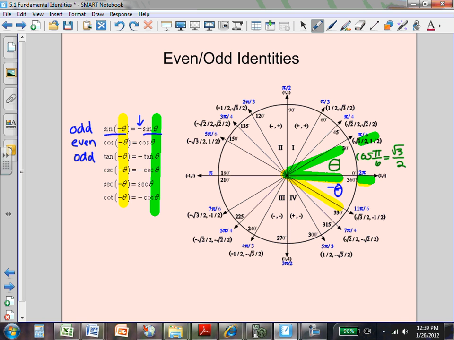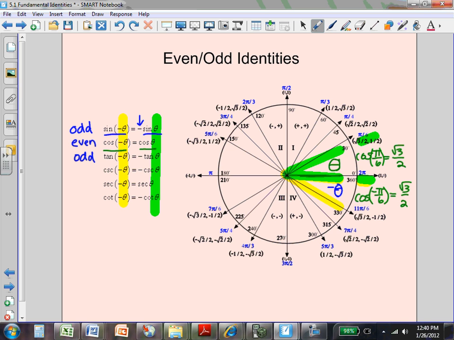Now if I go down and go with the negative angle, the cosine of negative pi over 6, it's the same thing. I still went right. It's root 3 over 2. They are the same thing, and that's exactly what this says. The cosine of the negative angle is exactly the same thing as the cosine of the positive angle. They did not change. Notice that we had change going on with the odd function. With the even function, we did not see any difference.